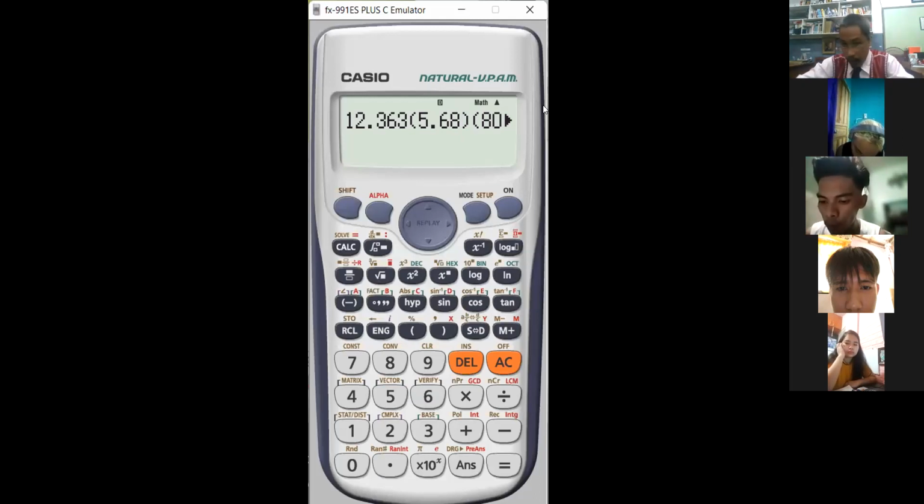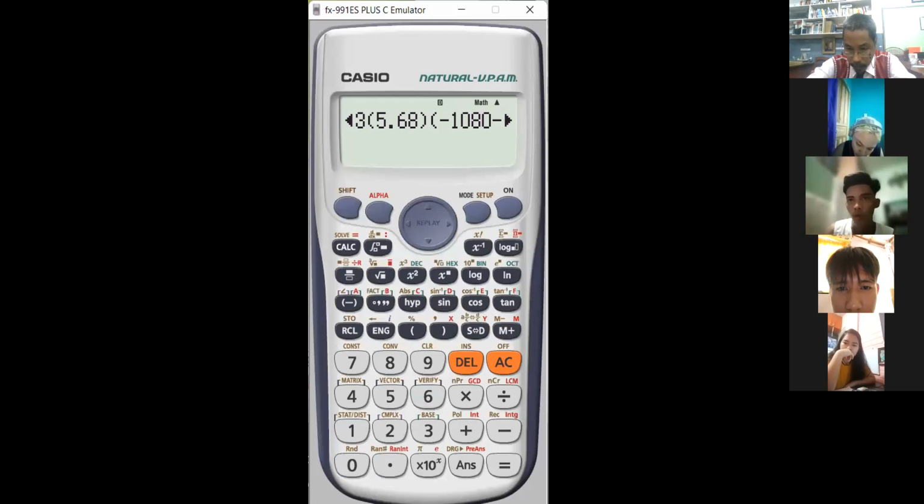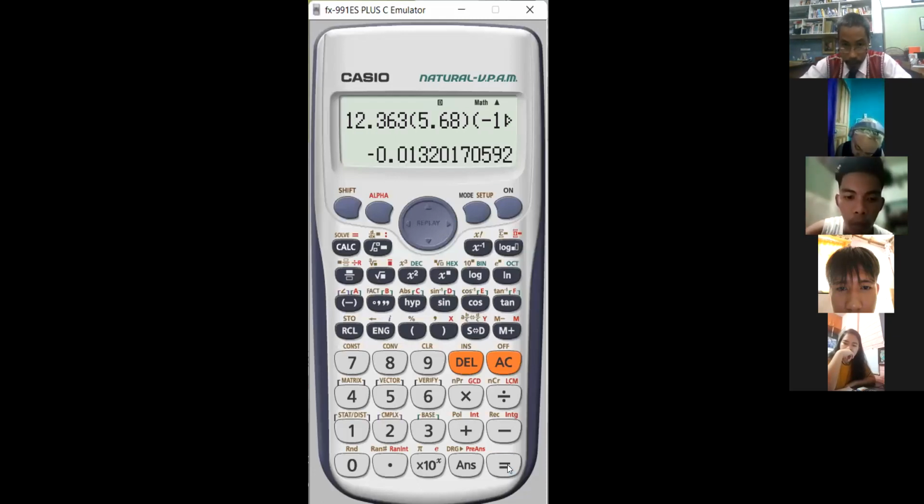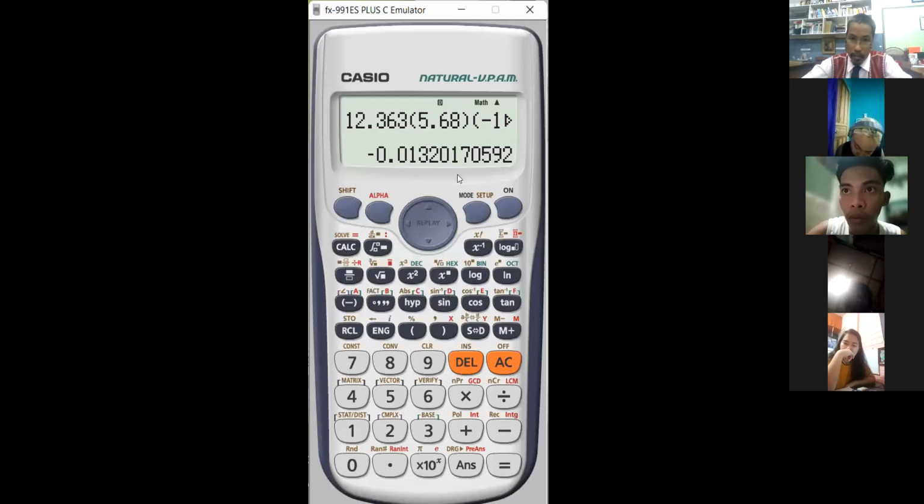So we have 5.68 times quantity negative 108 minus 80. So times this one. So just press the equal sign. What happened? So our answer is 0.013202.